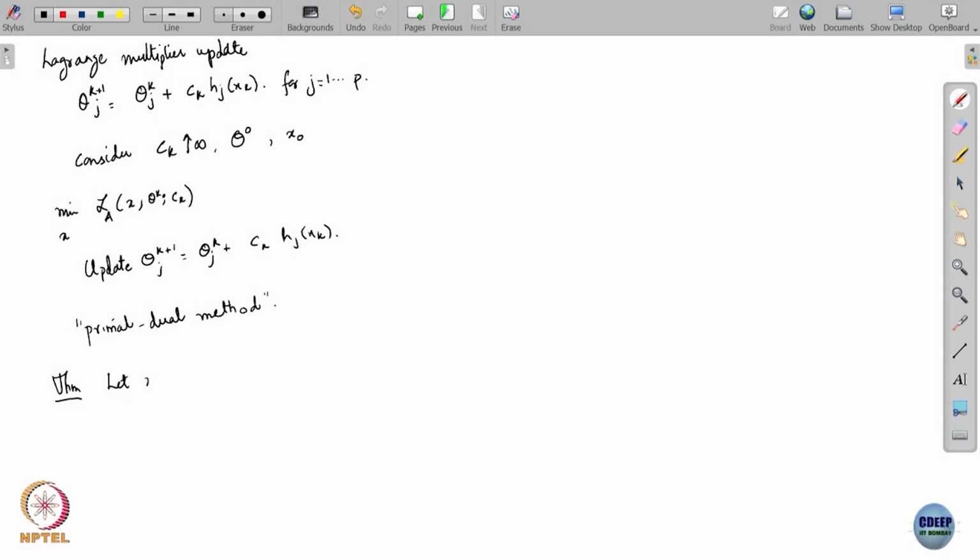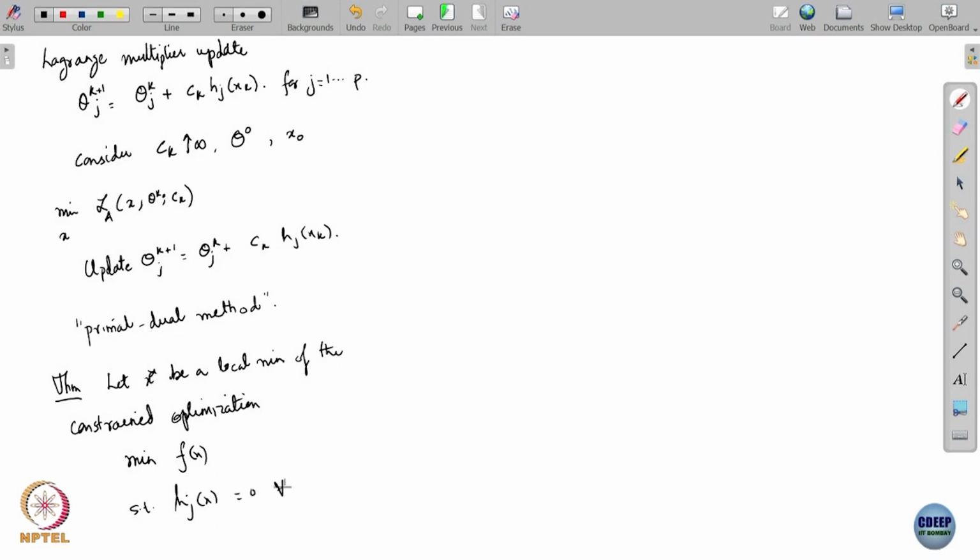Let x star be a local minimum of the constrained optimization problem: minimize f subject to h_j of x equal to 0 for all j going from 1 to p.